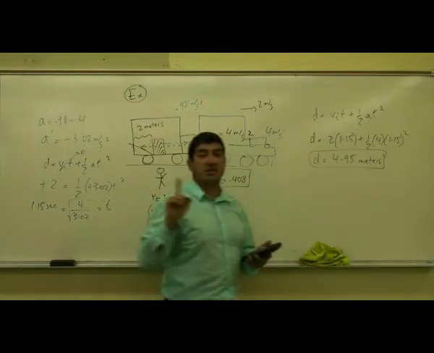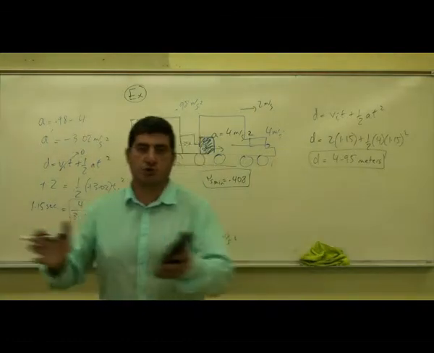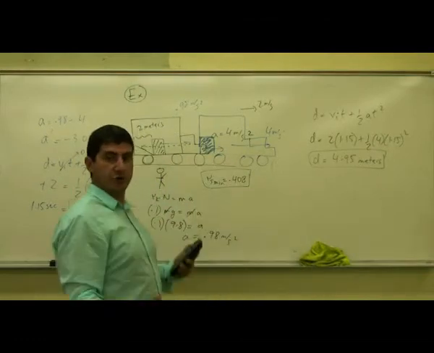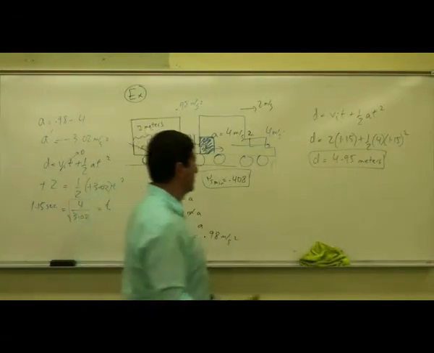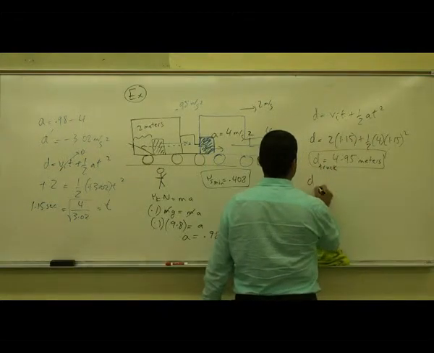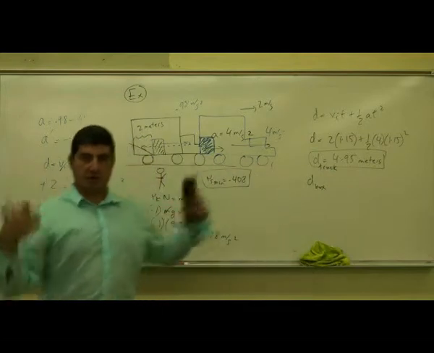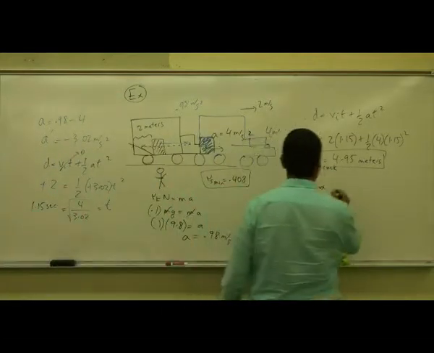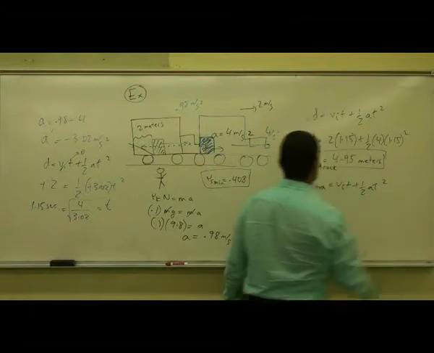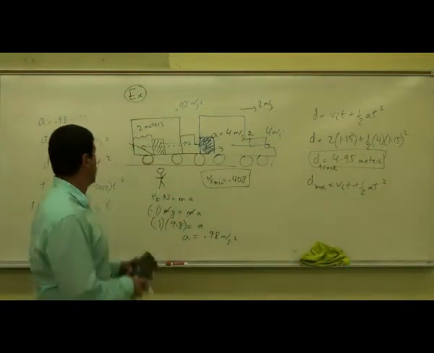This is the distance that the truck has traveled during the time that the box took to hit the back of the truck, with respect to an outside observer. Okay? Distance that the truck traveled. What's the distance that the box traveled with respect to an outside observer? Well, also v initial t plus half a t squared. What was the initial velocity of the box?